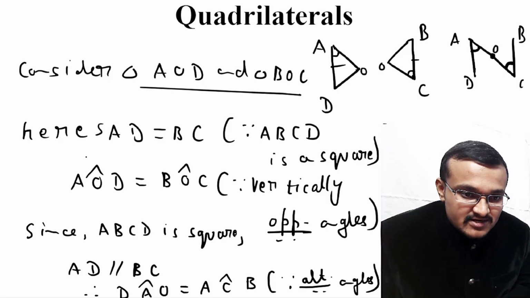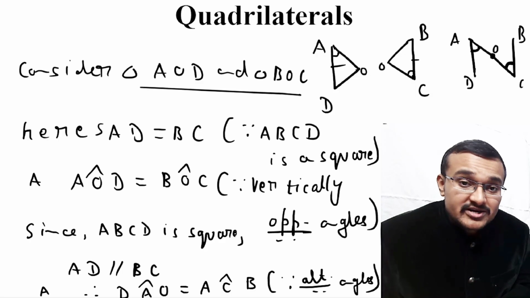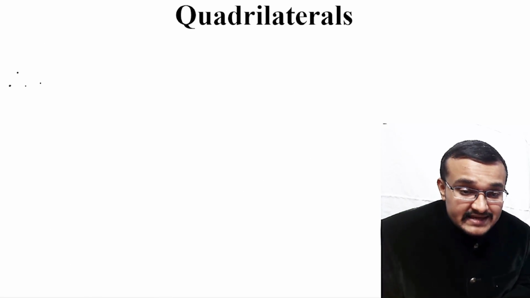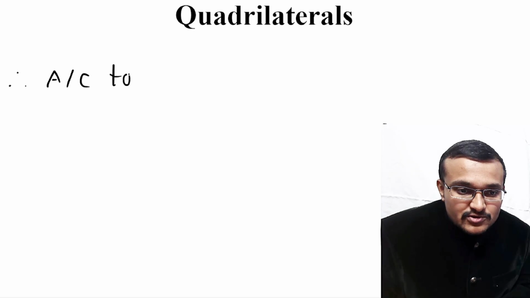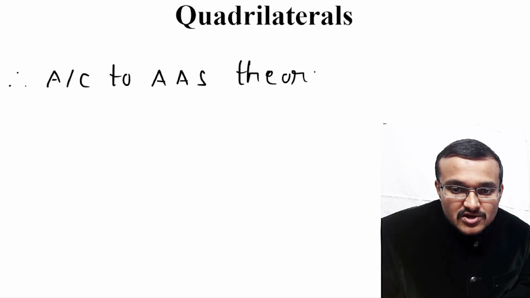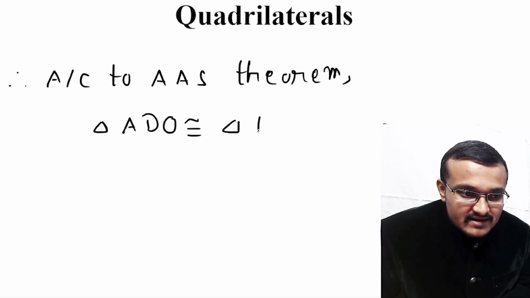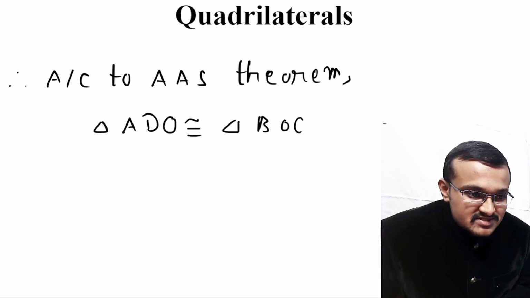So here we have considered one side, one angle, and one more angle. According to the AAS theorem, triangle ADO is congruent with triangle BOC.